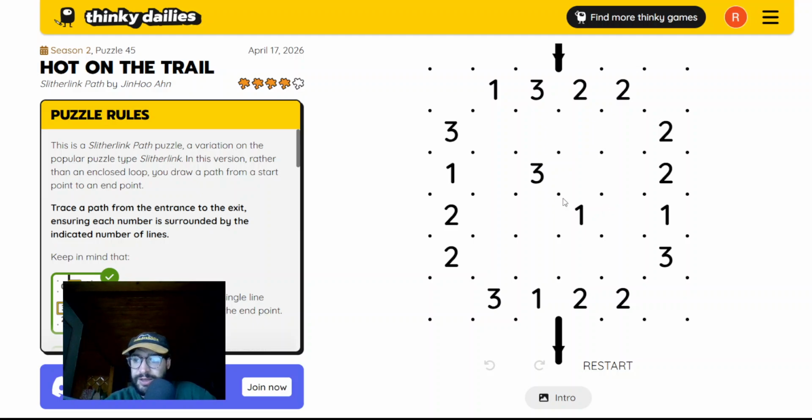So this 1 indicates that there's only 1 line around, and this 3 indicates that there are like 3 paths around. Okay, so we start here and we end up here. This looks like we're gonna do some sort of loop, but this one shows that there's gonna be only 1. These two choose here.